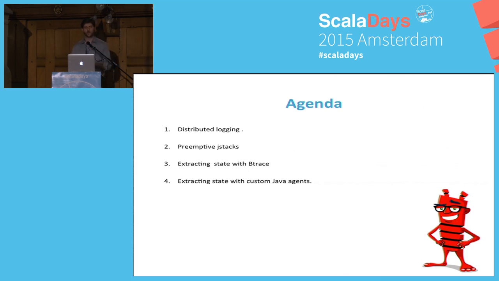And the last thing, I'm going to go a bit deeper and talk about Java agents and JVM instrumentation, some of the amazing capabilities of what you can do there. And if we have time, touch on how those flow in very interesting ways into Akka as well. Lots to talk about.